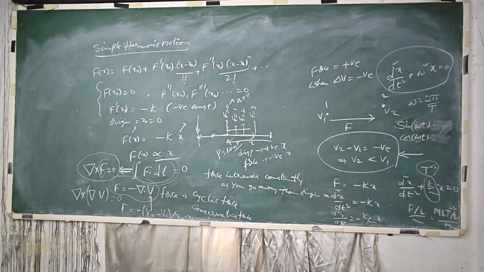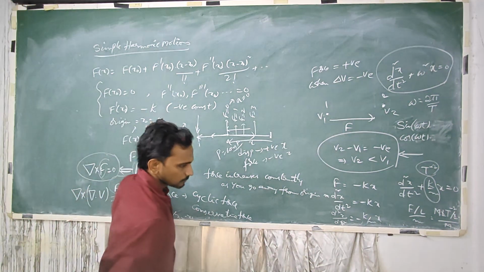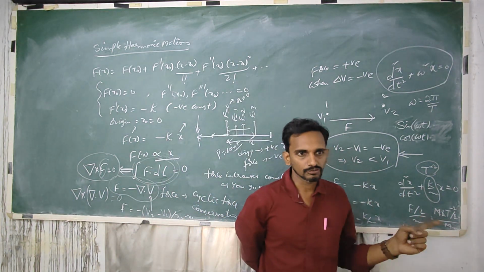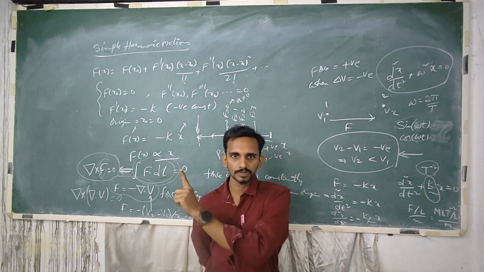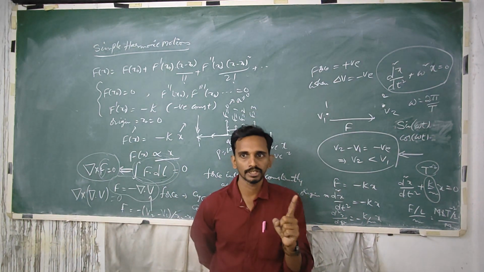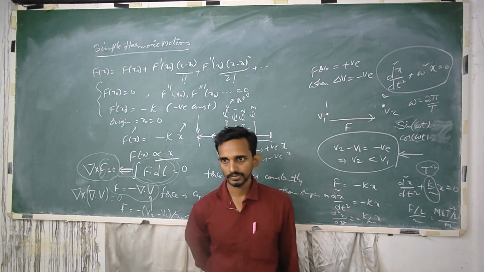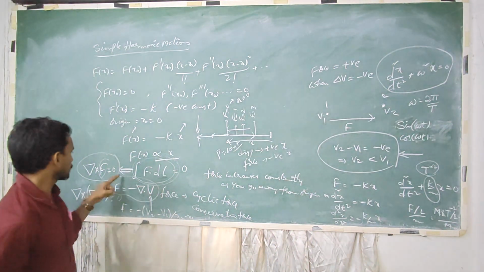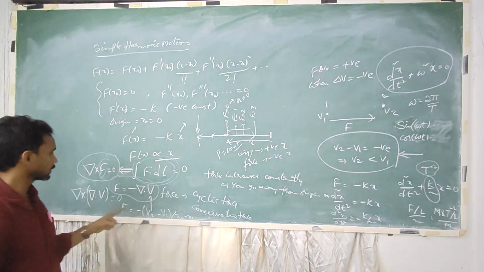So this is the differential equation for simple harmonic motion, where the force is a conservative force. Whatever energy is lost during the displacement from the origin will be gained back when it approaches the origin. There is no loss of energy. Only in that condition can we write the force as a negative gradient of potential.